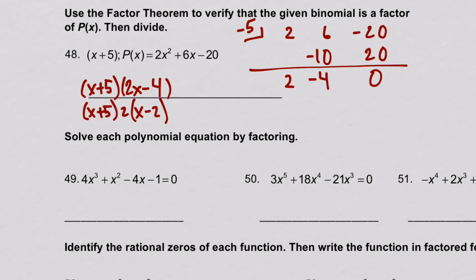But I'm not going to leave that 2 there. I'm going to put it up here in the front. So my final solution is 2 times x plus 5 times x minus 2. There you go. It's been factored.